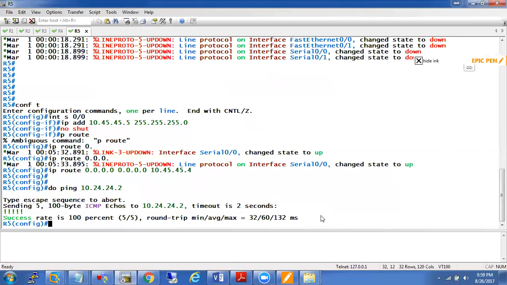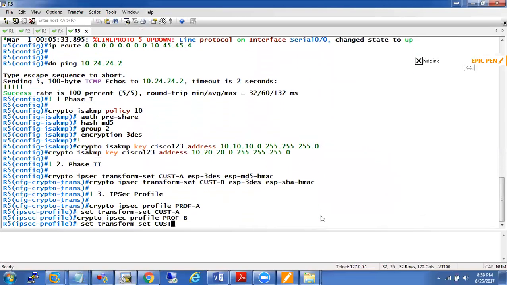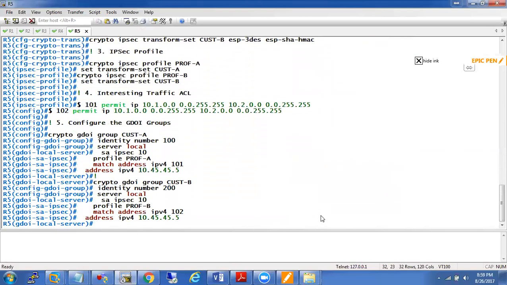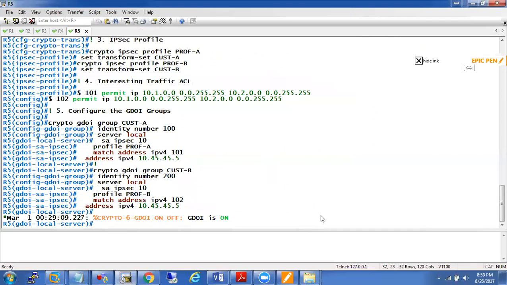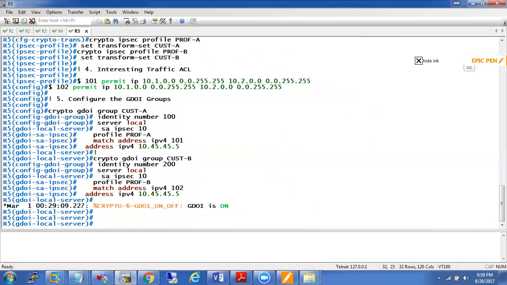And if you had it on the GDOI also, yes, you would also need to do it on the GDOI, correct. No, there's no crypto map applied on the key server. So you would need to take care of it inside the group configuration itself. Done? So this took care of my key server.